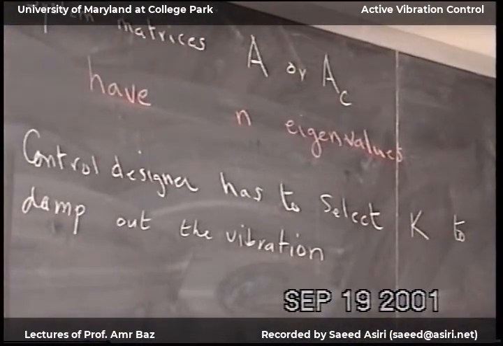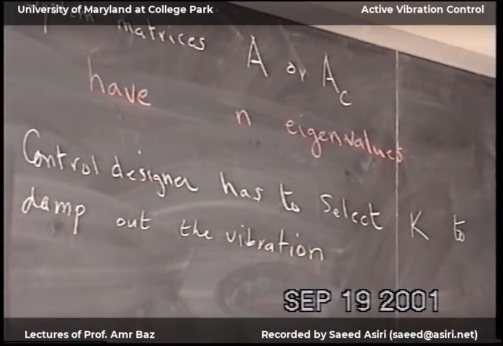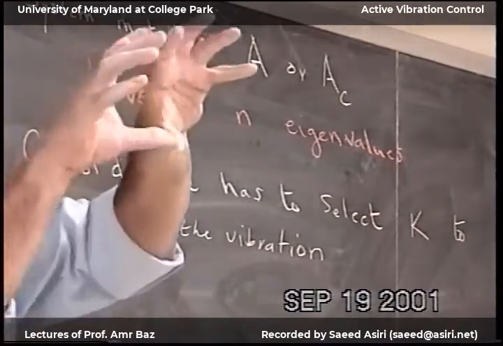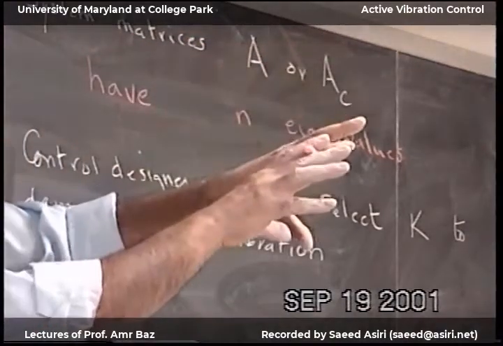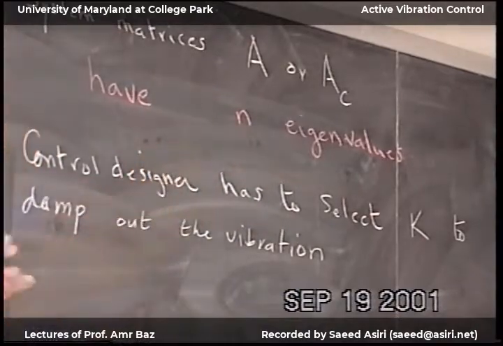But now the gain matrix is m by n. It is only n when the number of actuators is 1. The unknowns are much higher, m by n.